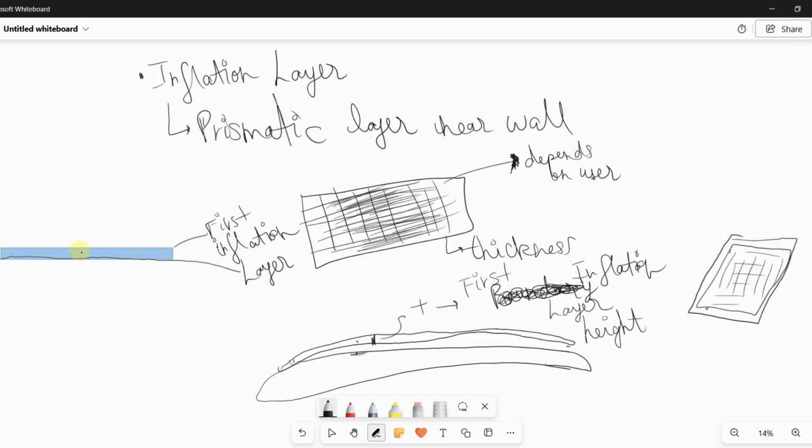So the distance from here, that is the center, right? If I assume this to be the central axis, then the height from the center to this surface is my first layer height, right? So this is my first layer height.